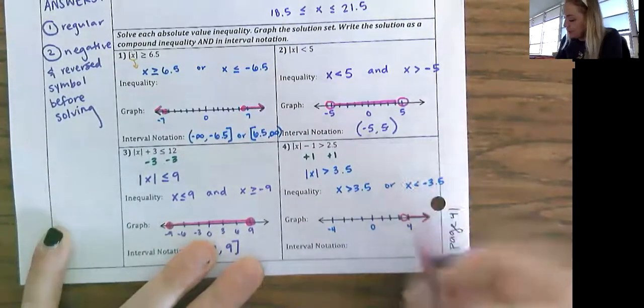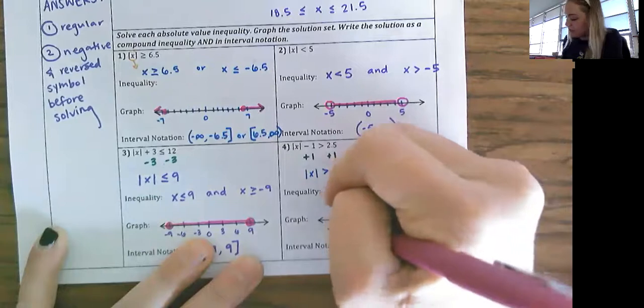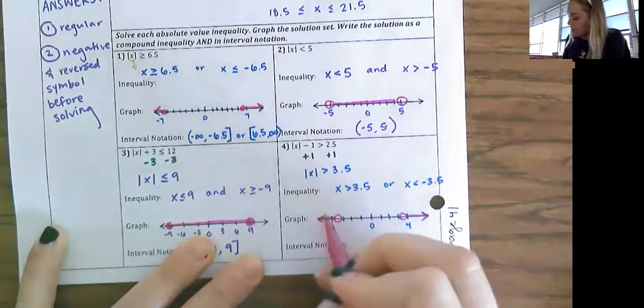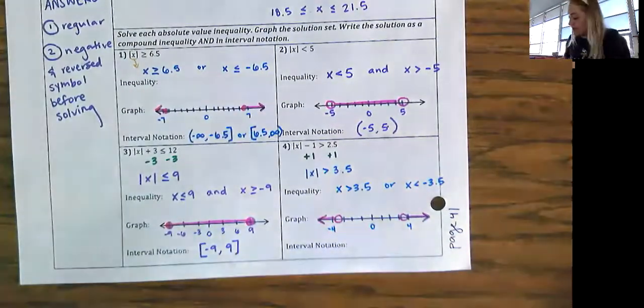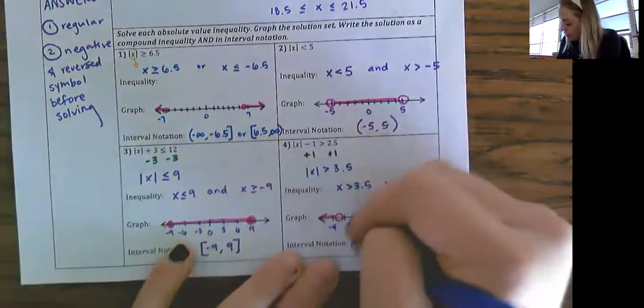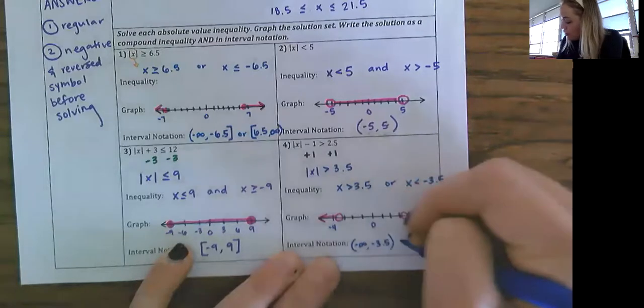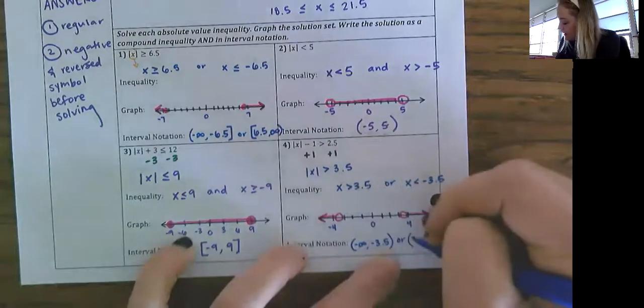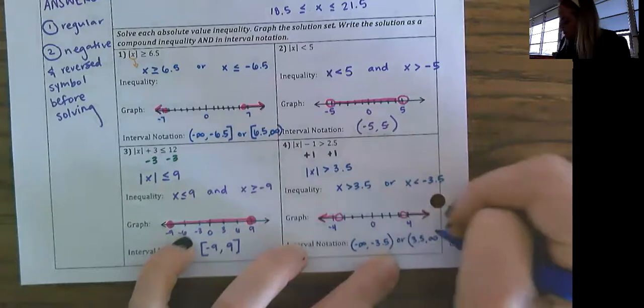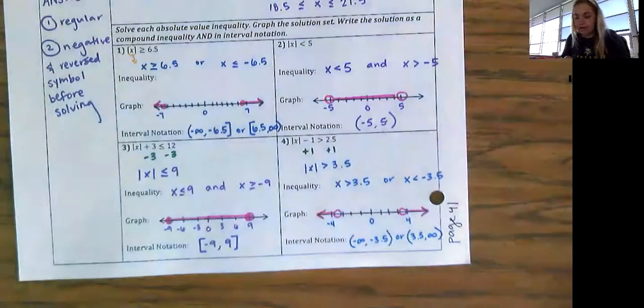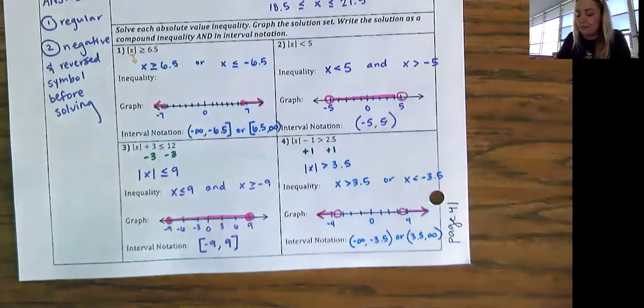Less than negative 3.5 would be between negative 3 and negative 4, and we're going less than, we shade below. My interval notation would be negative infinity to negative 3.5, or 3.5 to infinity.